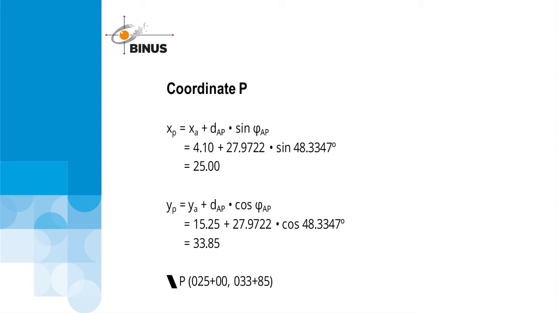For YP, it is equal to YA plus the distance of AP multiplied by cosinus azimuth AP, and you will get the value of 33.85 for the coordinate of Y. So point P is equal to 25, 33.85.